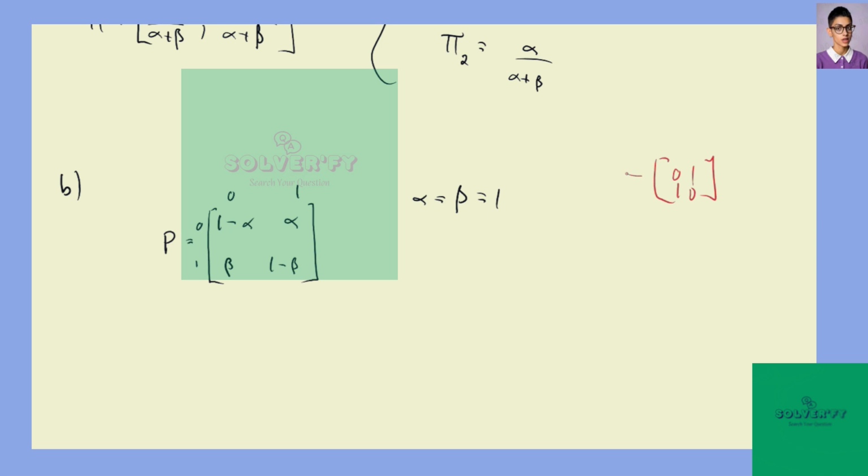So if you're in state 0, you must go to state 1. And if you're in state 1, you must go to state 0. So it means that it transitions from one state to the other back and forth continuously, always going back and forth between the two states.